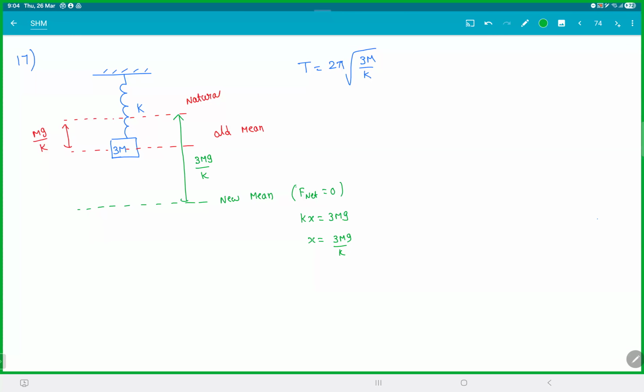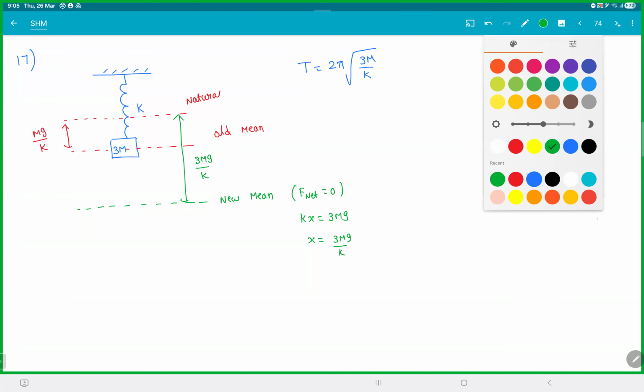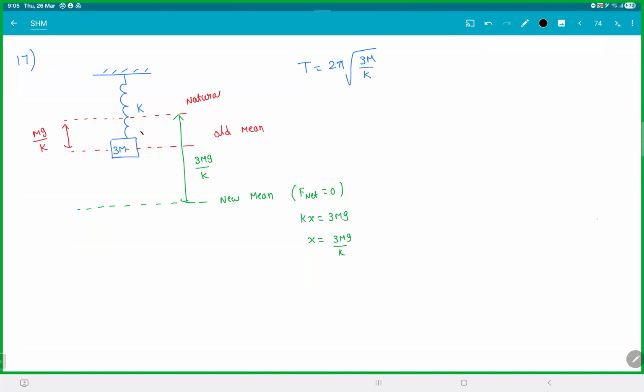So far clear, everyone? Now let me ask you something. When you attach the block and release it, what was the speed? The speed here was 0, isn't it? And can you tell me, during an SHM, at which point do you have 0 speed? At the extreme position. Making sense?